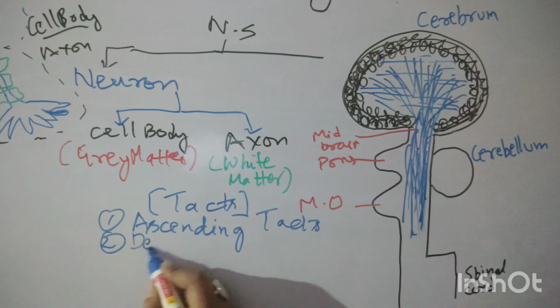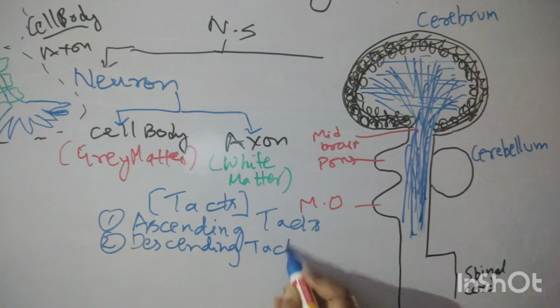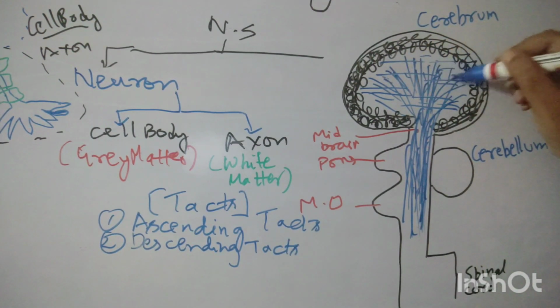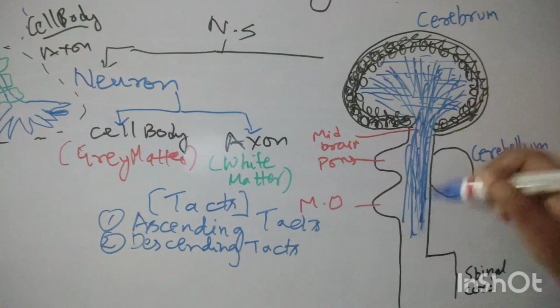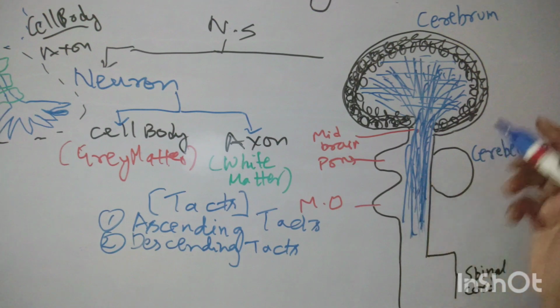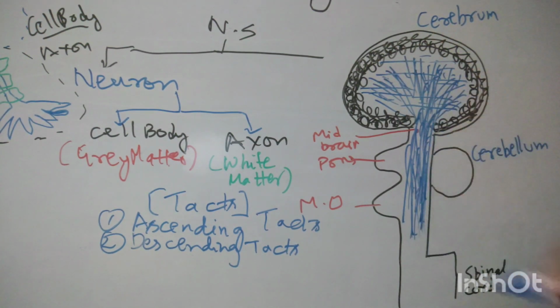Second, descending tracts of fibers, which are coming from the brain, from the cerebrum, going down. These will be descending, from the brain downwards, means from the upper part to the lower part. They are called descending tracts.